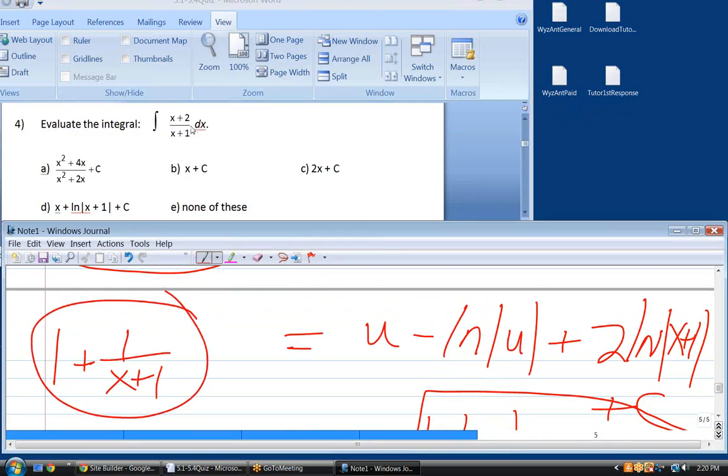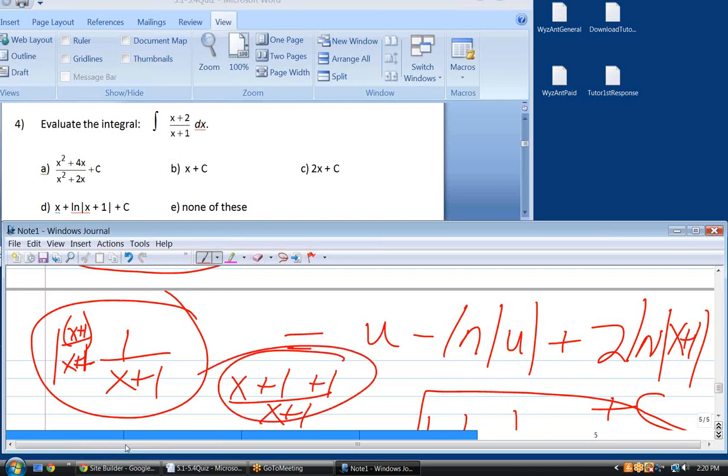Now the question is, is that this? Well, if I find a common denominator and multiply the left side by x plus 1 over x plus 1, then I get x plus 1 over x plus 1, which is x plus 2 over x plus 1. So indeed, when you take the derivative of D, you do get this.